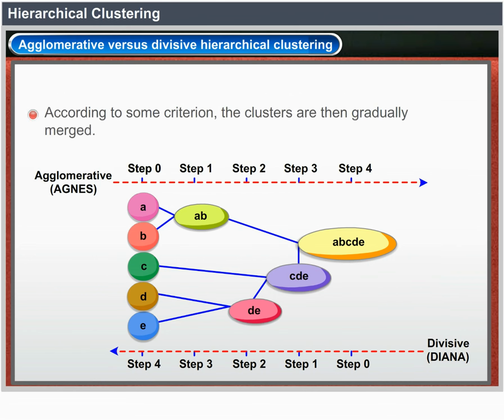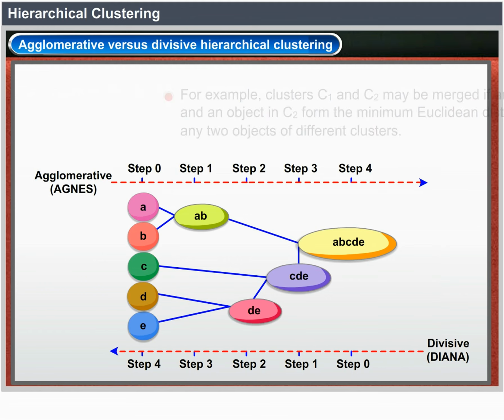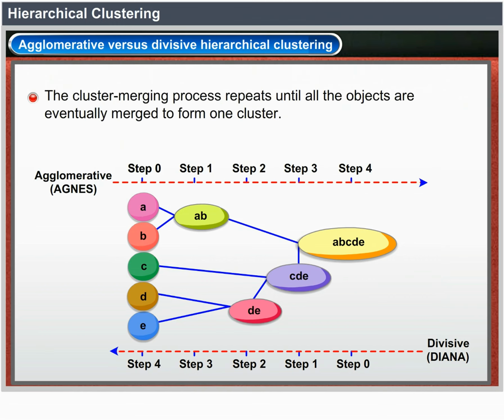For example, clusters C1 and C2 may be merged if an object in C1 and an object in C2 form the minimum Euclidean distance between any two objects from different clusters. This is a single linkage approach in that each cluster is represented by all the objects in the cluster, and the similarity between two clusters is measured by the similarity of the closest pair of data points belonging to different clusters. The cluster merging process repeats until all objects are eventually merged to form one cluster.